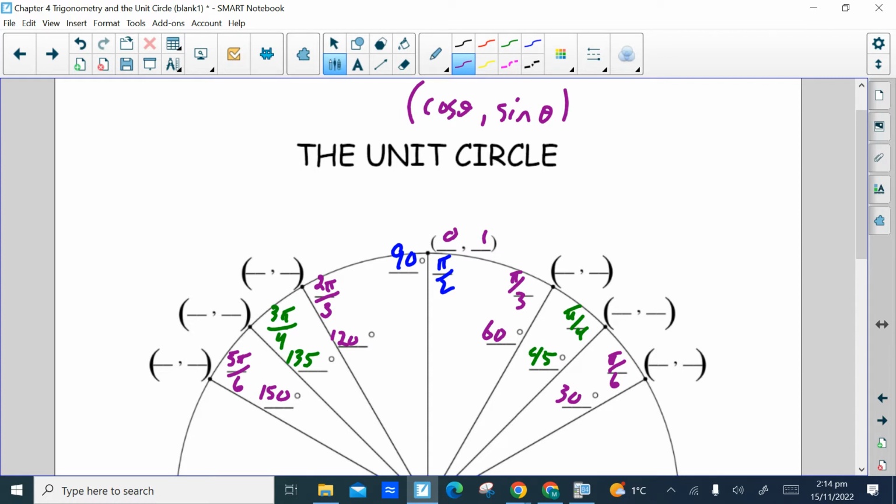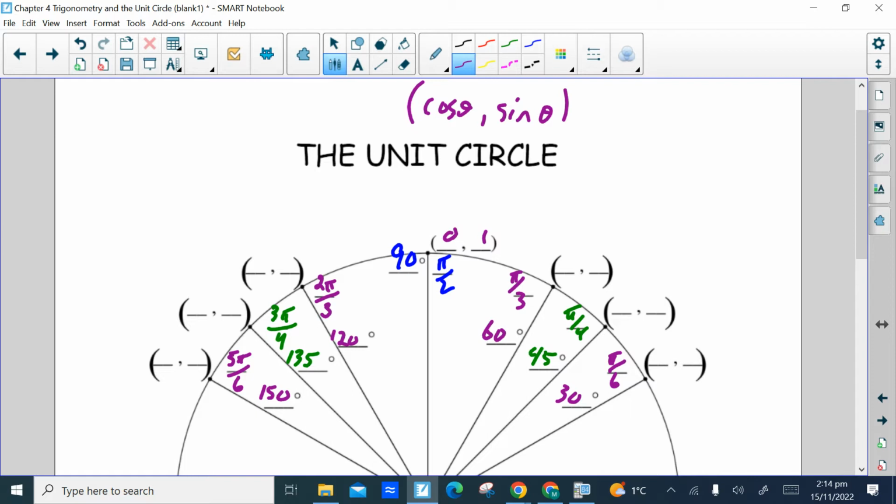Then we saw that between 0 and 90 degrees, we could label those coordinates. And we have that hand trick to help us remember. So you hold it with your palm facing out. The pinky finger is 0 degrees. The thumb is 90 degrees, but it's the other 3 fingers that we use. So if you want 30 degrees or pi on 6 radians, put down that first finger.